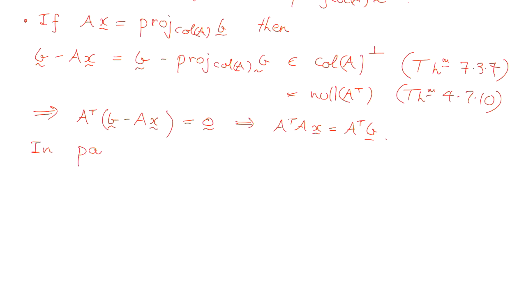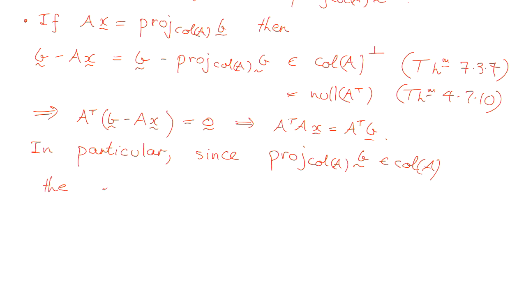So what we've shown is that if you're a least squares solution, you're a solution to the normal equations. But we know that least squares solutions always exist, right? Just because the projection of B onto the column space lives in the column space. So if you look at the equation AX equals the projection, that is consistent because the right-hand side lives in the column space.